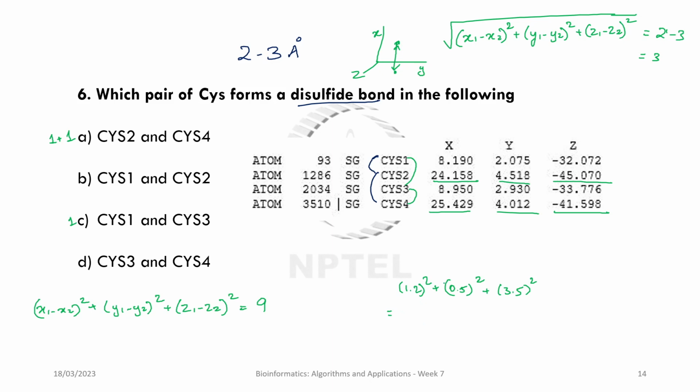So here this will give you 1.2 and 2 square will be, I guess, 1.44 plus 0.25 plus, I don't know what 3.5 square is, but definitely it's going to be over 9. 3.5 square is 12.25. So this is greater than 9, right? So the cutoff distance is more. Option A is gone. So can you work on this similarly and then choose an option?